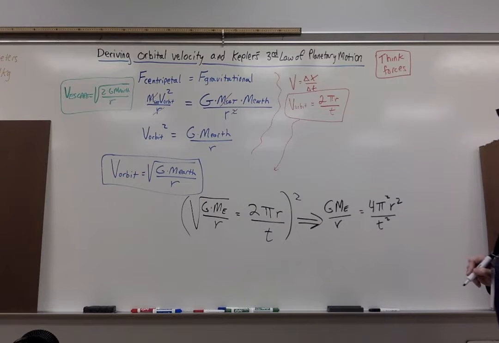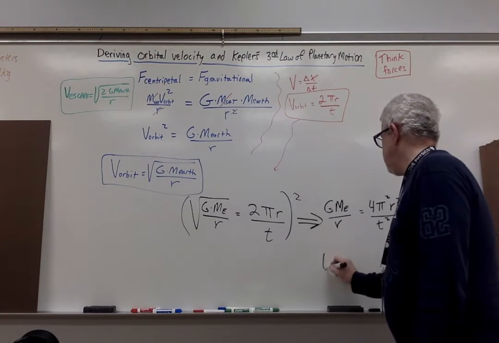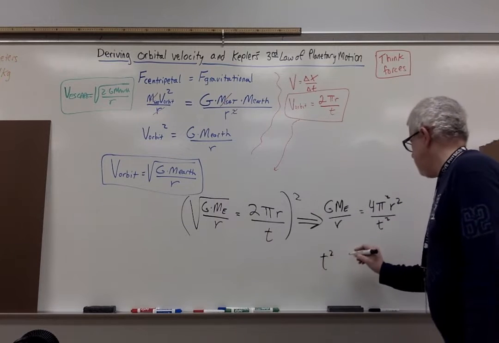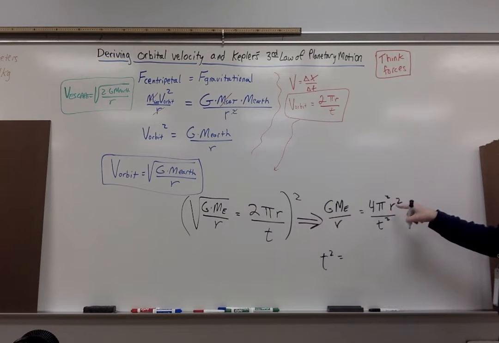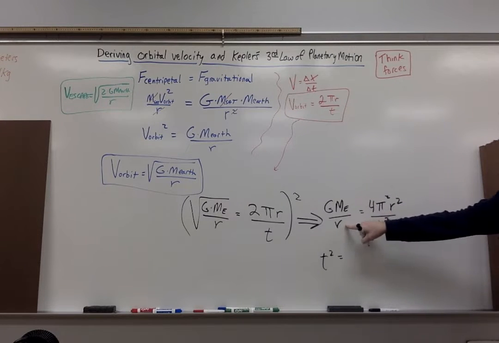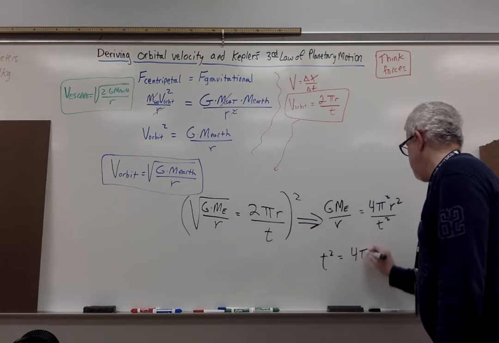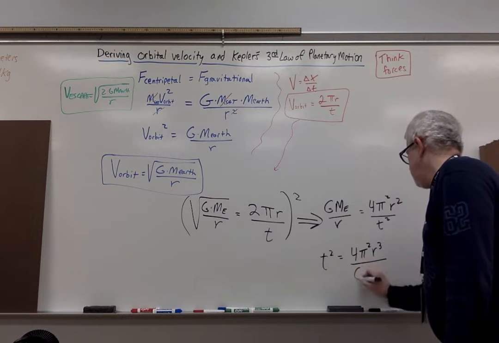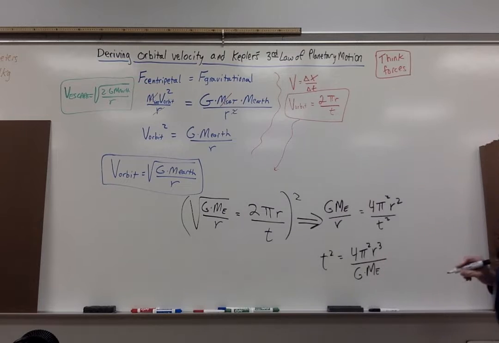I'm going to rearrange that and move that around to solve for T. So what I'm going to get is T squared is equal to 4 pi squared R squared, but I'm going to multiply that on this side as well. So 4 pi squared R cubed over big G times the mass of the Earth or planet.